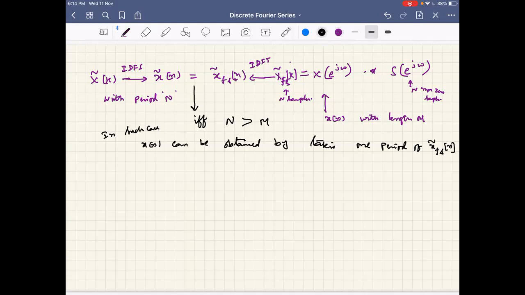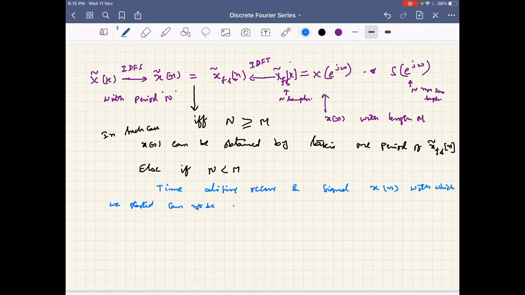And in case this doesn't happen, that is, if n is less than m (equal to n you can also get back), if n is less than m, the number of frequency samples is lesser than the sequence length of the signal x of n, then time aliasing occurs, and the signal x of n with which we started cannot be directly obtained.